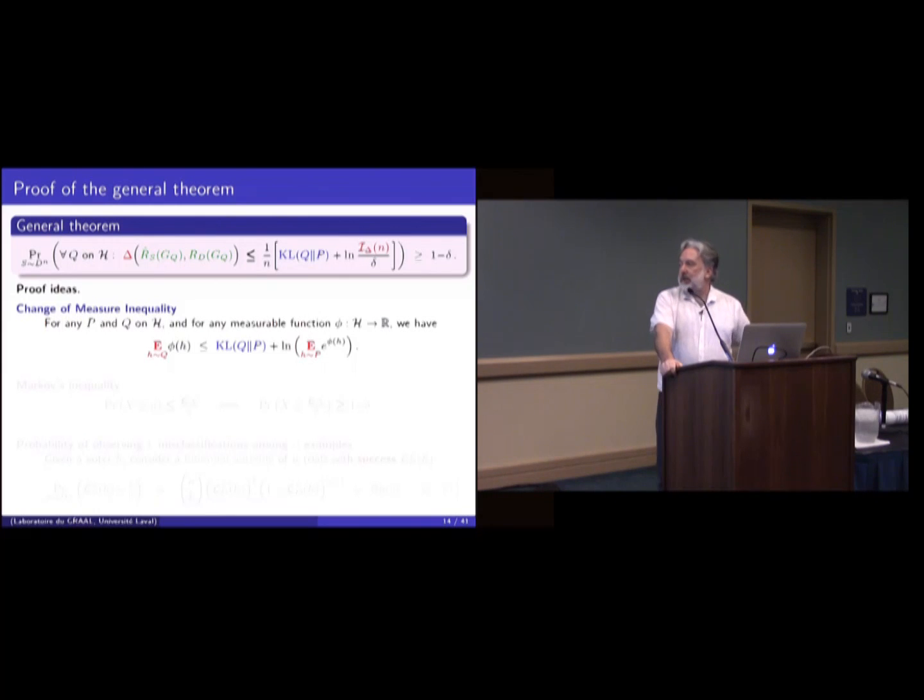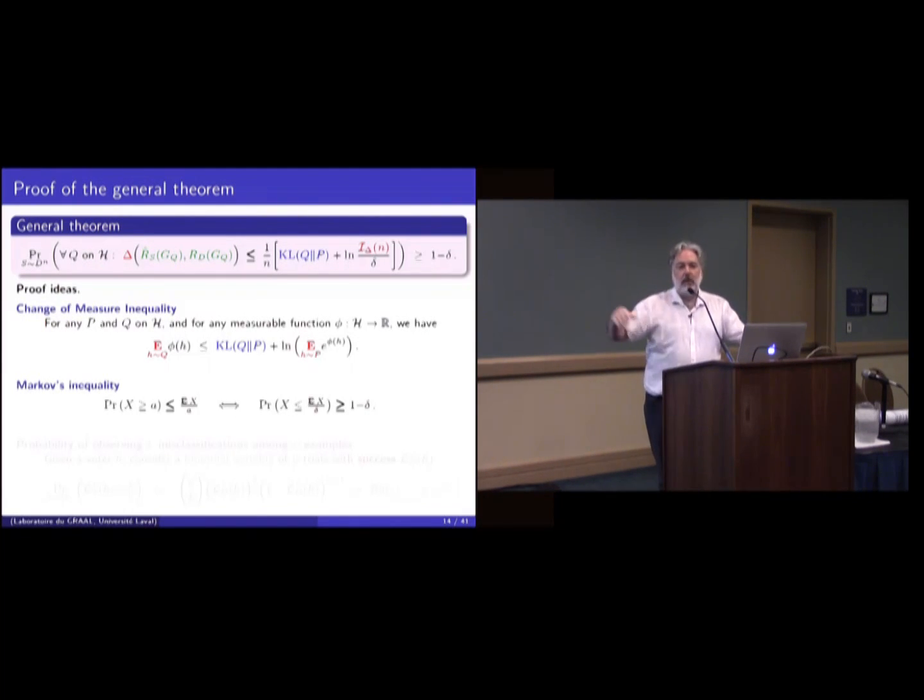So how does it work? The first step is the change of measure inequality, the Donsker-Varadhan inequality. This is an important stone for the proof. But you also need a PAC, a probably approximately correct bound, so you need some kind of inequality.